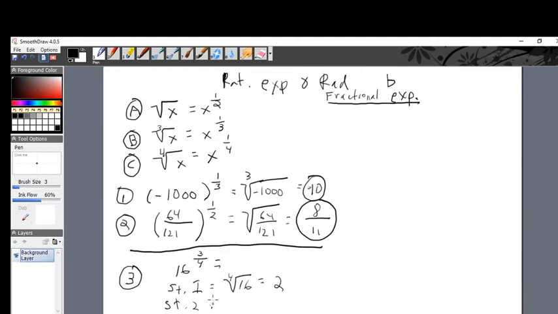Step 2, I don't mean equal, I really mean colon. Take the number 2, that was our interim answer, and raise it to what? The numerator power, which is 3. 2 to the third power equals 8. That is the final answer. 16 to the 3/4 is equal to 8 after a 2-step process.